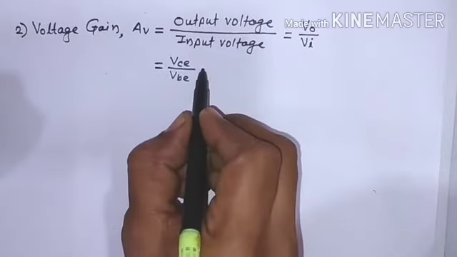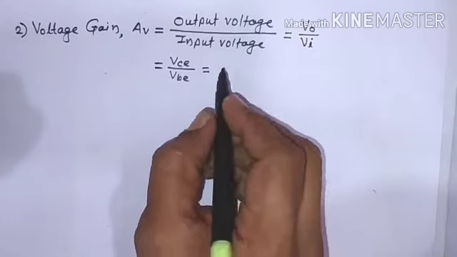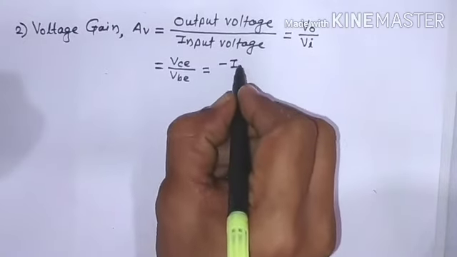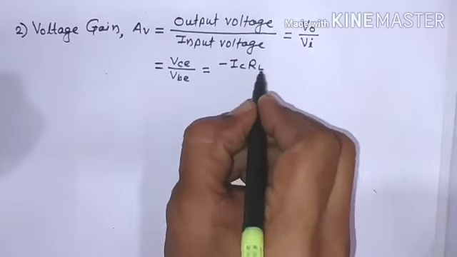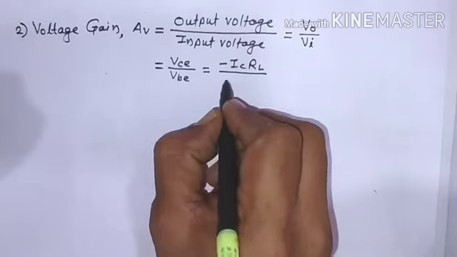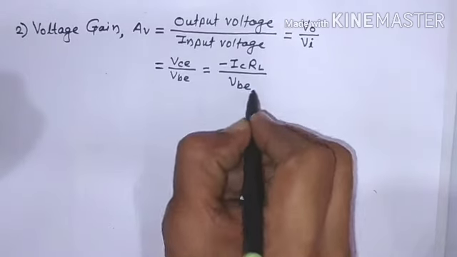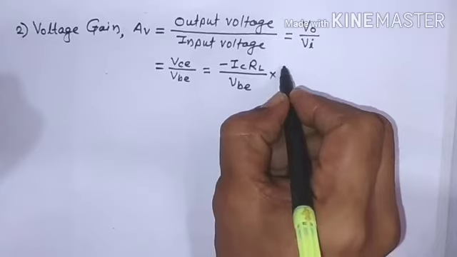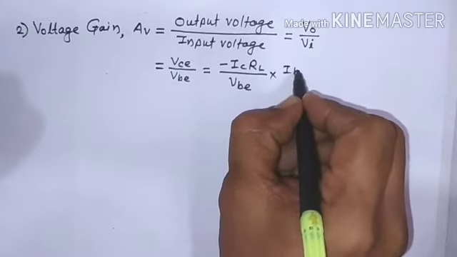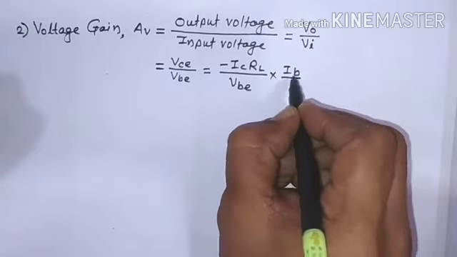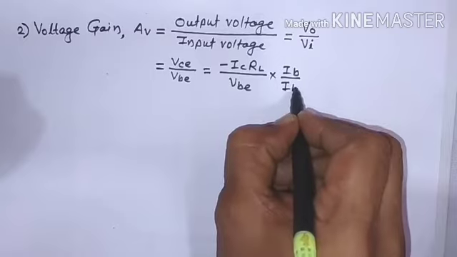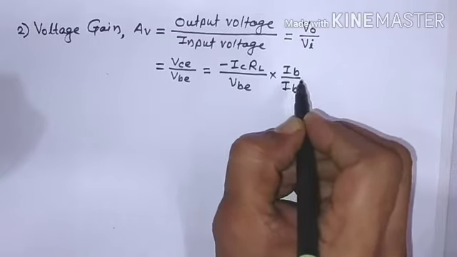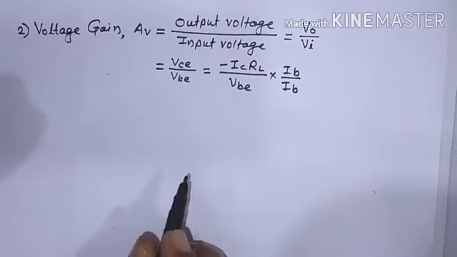Now the same equation we can write is VCE is nothing but minus IC into RL, and VBE as it is. We have to multiply both terms, numerator and denominator, by IB. So there will be no difference, but we will get the adjustable terms.